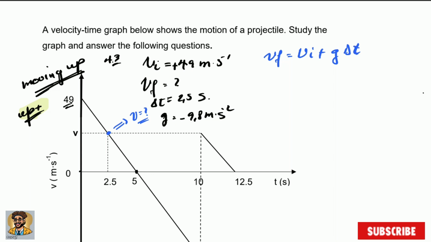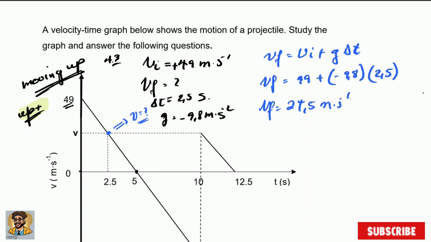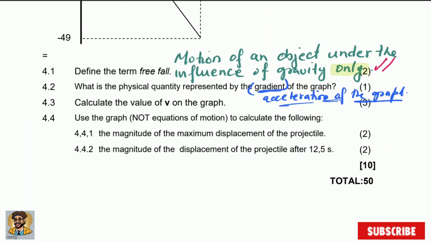All you have to do is substitute, and then you will get that the answer is 24.5 meters per second. That is the velocity of the object at 2.5 seconds.